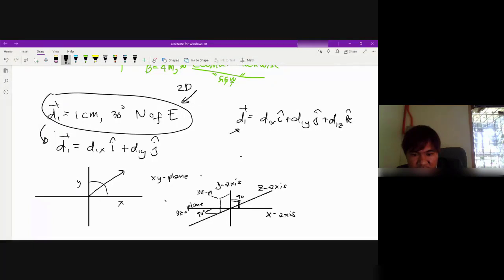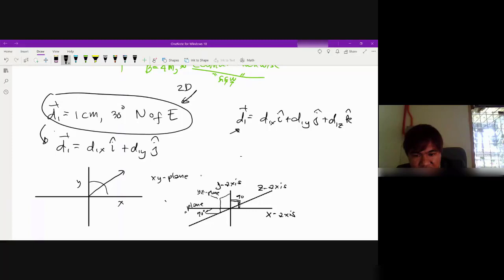This is the YZ plane. This is the XY, and this is another plane.